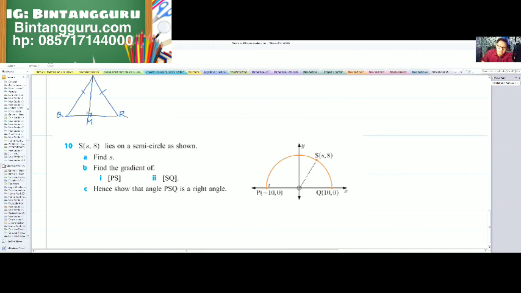This is the radius, this is 10, this is also 10, so this is also radius. So the radius should be 10.